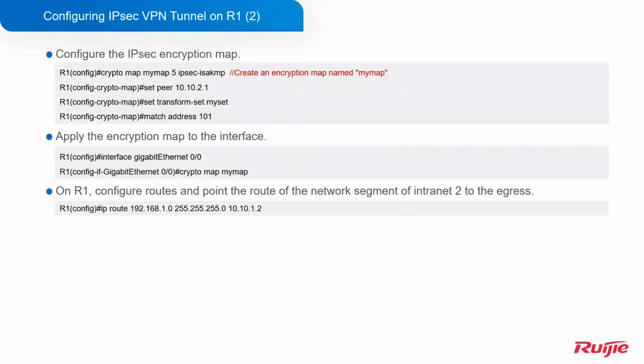For the IPsec encryption map, we need to create the crypto map. In this example the name is my map, and 5 is the sequence number of the SA. If you have another SA, you can define it with another number such as 6 or 10.